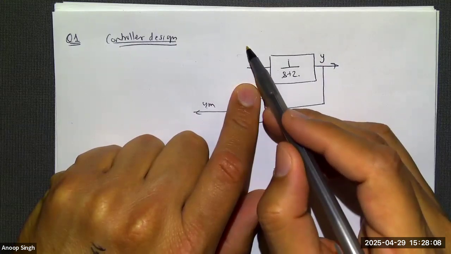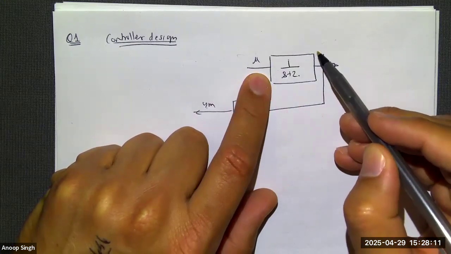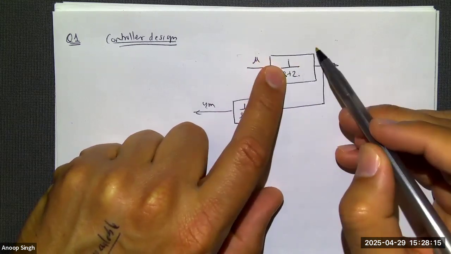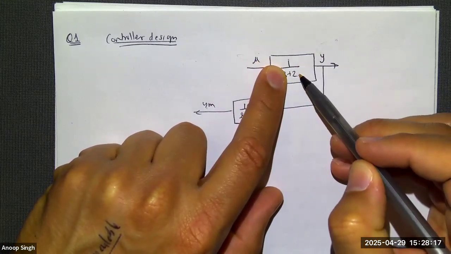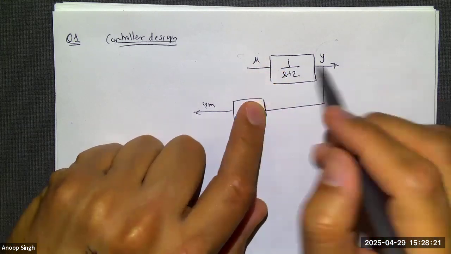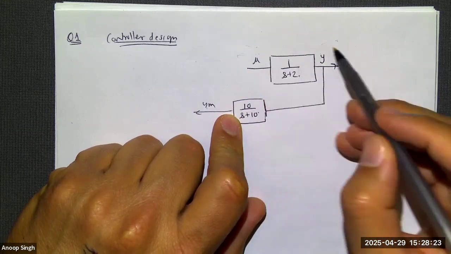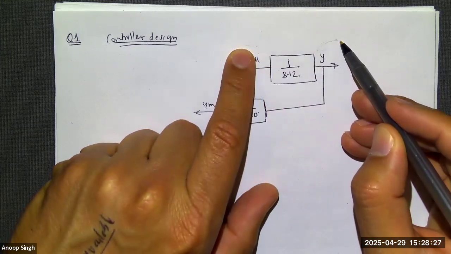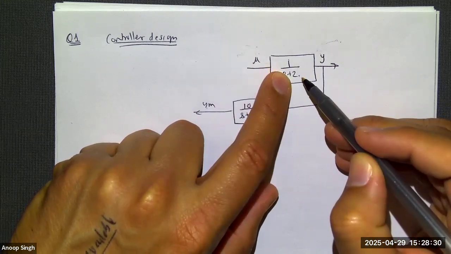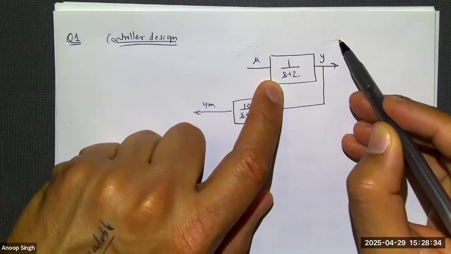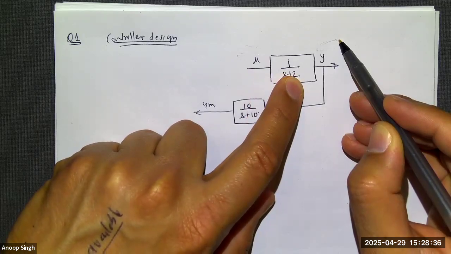If you give it a step input, it's going to have that first order response. It will build up slowly. It's going to reach half the value because the DC gain is 1/2, in about 4/2 seconds. So the output starts from 0 and builds up to half the value of that input, and then it reaches the final value in about 4/2 seconds.